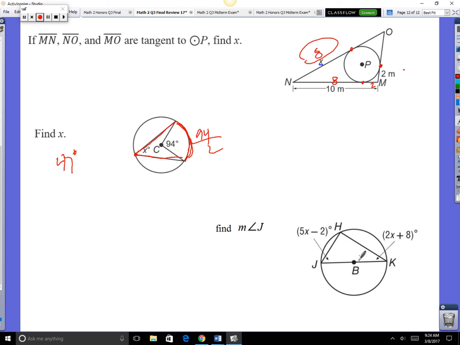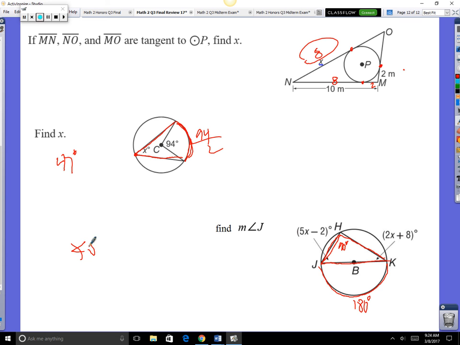And the very last one, you need to find the measure of angle J. So this is a diameter which creates a semicircle. A semicircle is 180, and the angle that makes that semicircle, right here, angle H, is 90. So here's what we know.